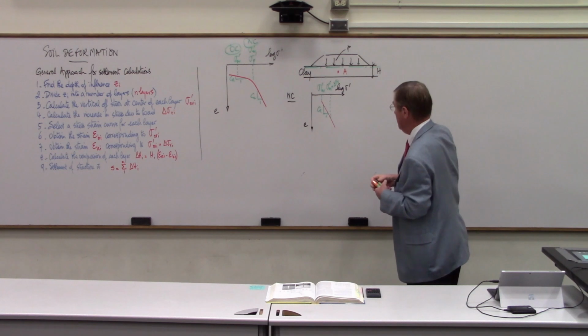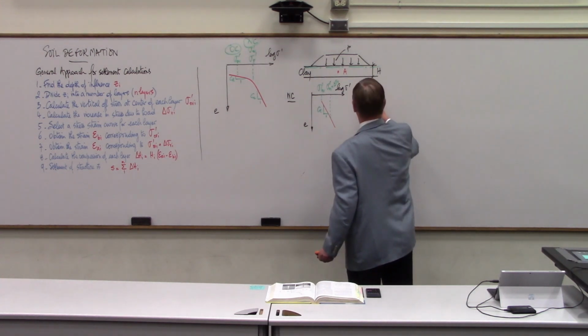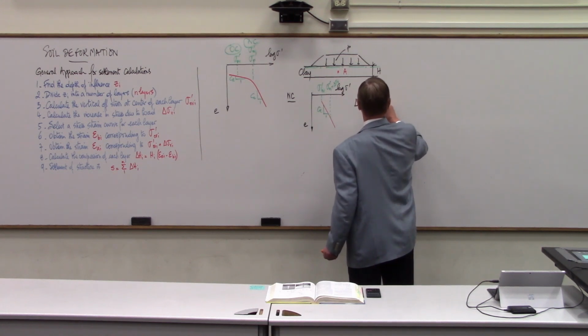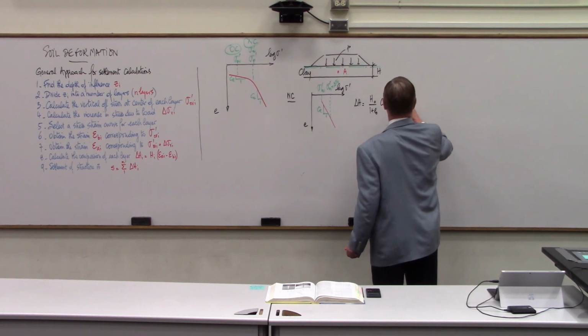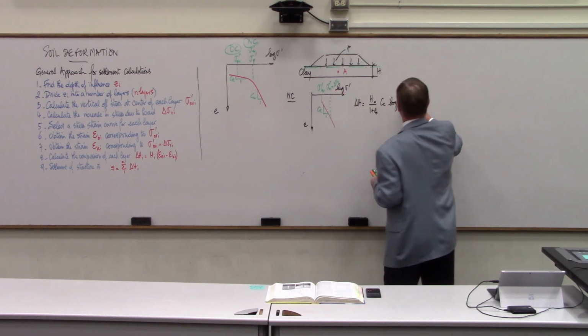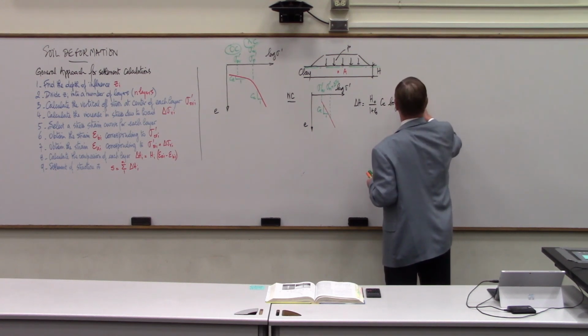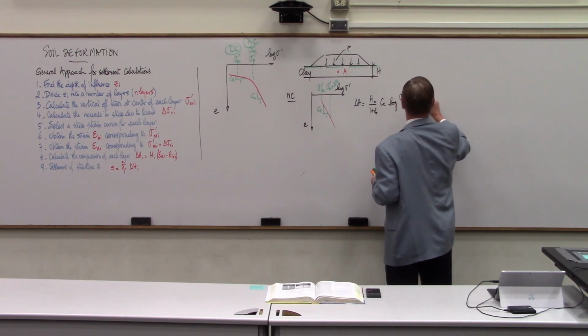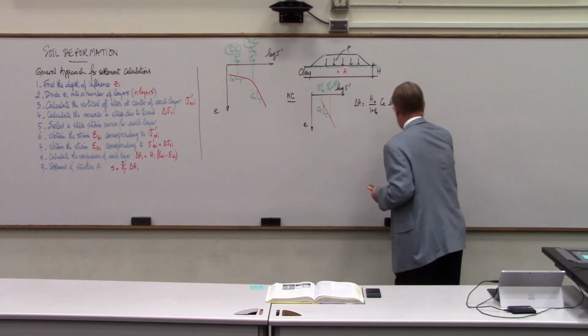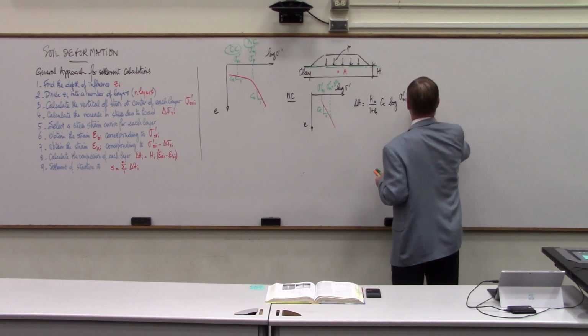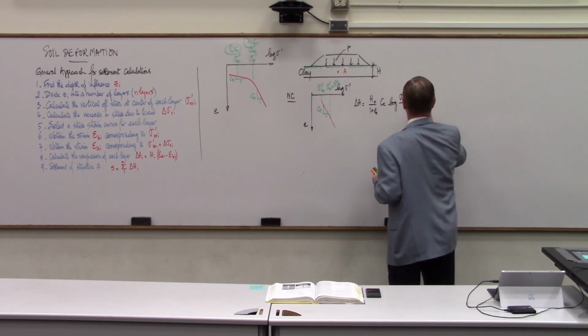In this case, the equation for the compression of that layer simplifies to delta H equals H0 over 1 plus E0 times C sub C times the log of the ratio, sigma prime 0V plus delta sigma vertical, right here, divided by sigma prime OV, okay?